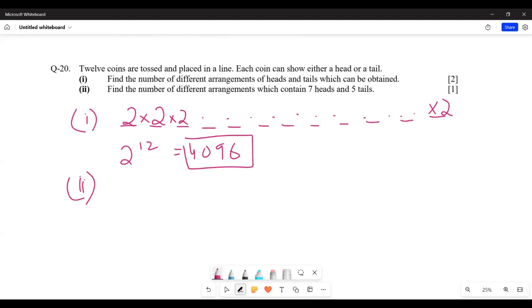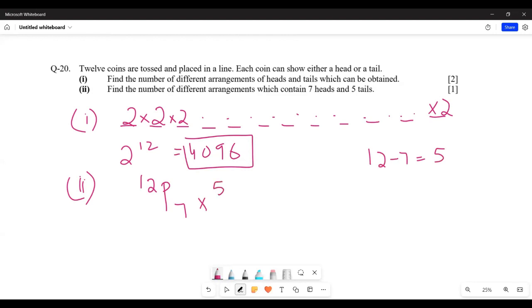Find the number of different arrangements which contain 7 heads and 5 tails. Okay. So now 7 of the outcomes have to be head and 5 have to be tail. So out of 12, 7 have to be head, and then take away 7 from 12, that's going to be 5.